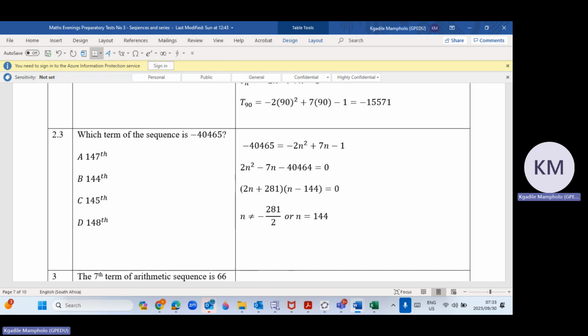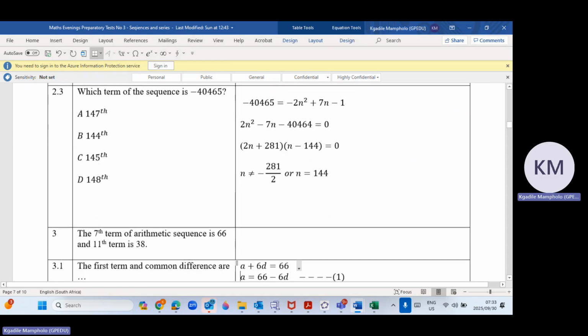So here, because you know that n cannot be negative for a fraction, then n will be 144. It means -40,465 is the 144th term of this quadratic pattern.